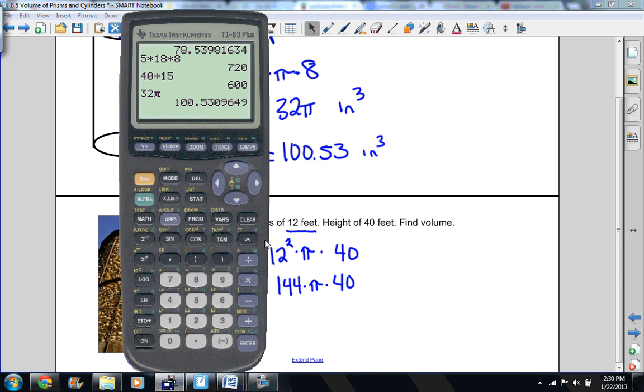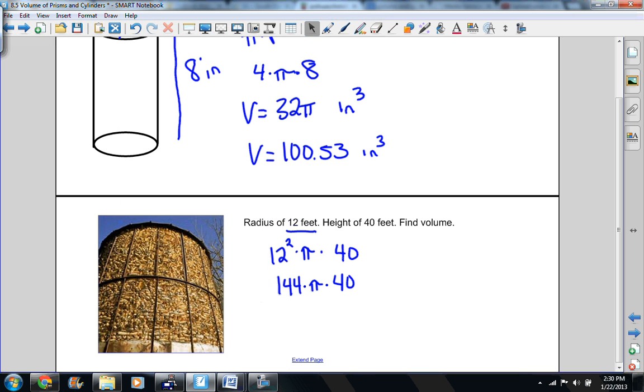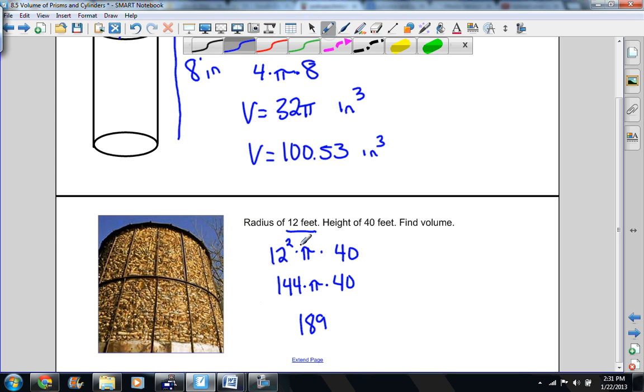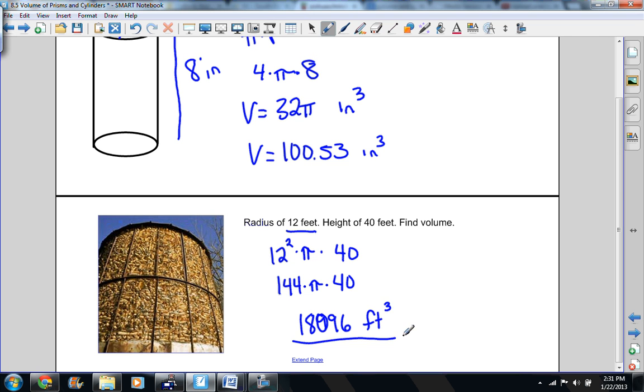Lots of different ways you can do this, but I'm just going to multiply it out as one number. So it gives me about 18,096. Oops, let me use the 0 in here. Yep. Feet cubed. And that's the volume of the silo. Okay.